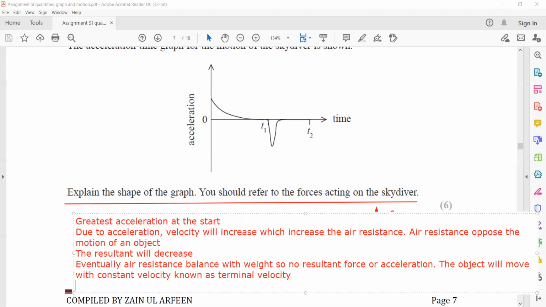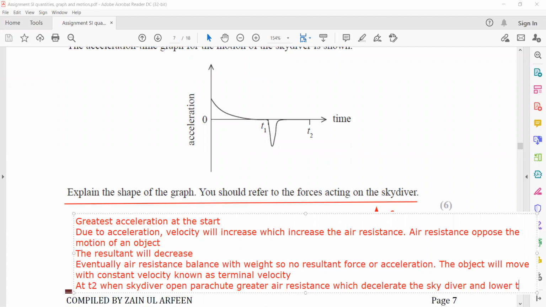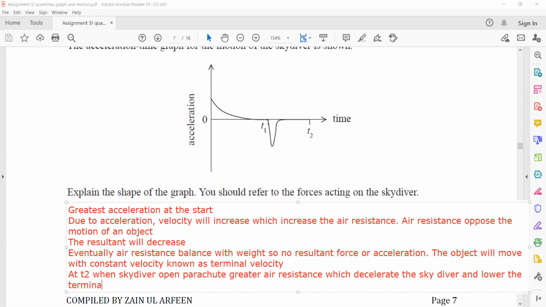Then what happened? At t is equal to 2, when the skydiver opened the parachute, there was greater air resistance, which decelerates the skydiver and lowers the terminal velocity.